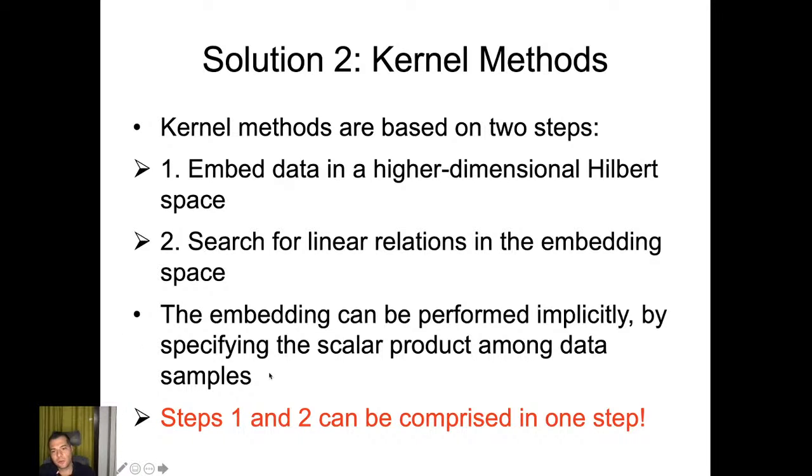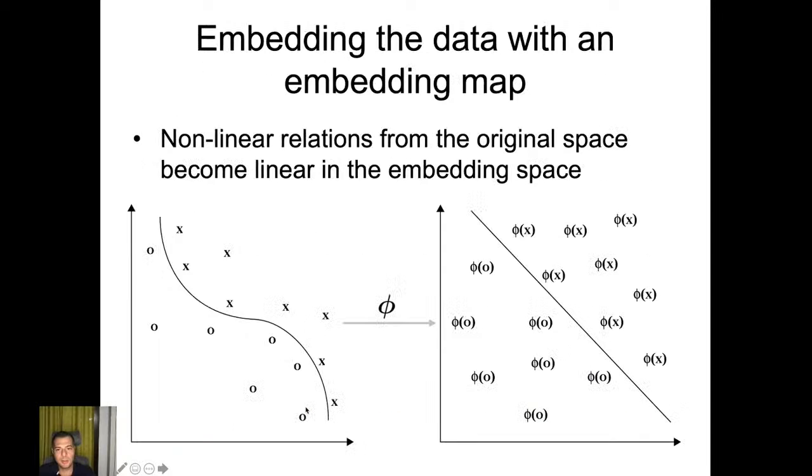Okay, so this observation, that we can do the embedding implicitly, means that we can do the second step directly without providing the embedding, and this is done by representing the data in the dual form. So we will discuss next this dual form representation, and how we can go from the primal form representation to the dual form for ridge regression.